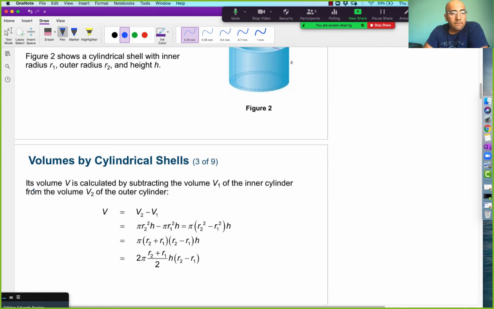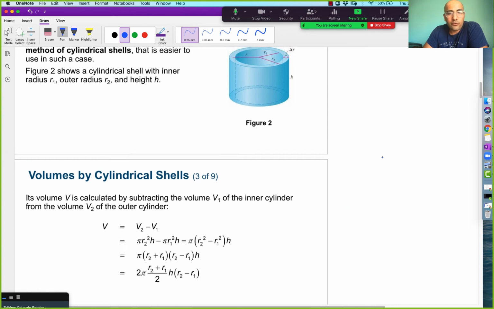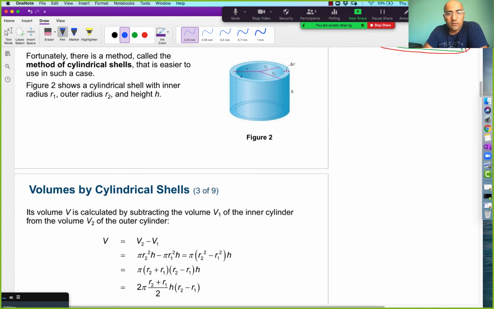Its volume V is calculated by subtracting the volume V1 of the inner cylinder from the volume of the outer cylinder. Kind of like with the coins, we figure out the empty space, and we figure out the volume of the whole thing as if it was one solid piece.